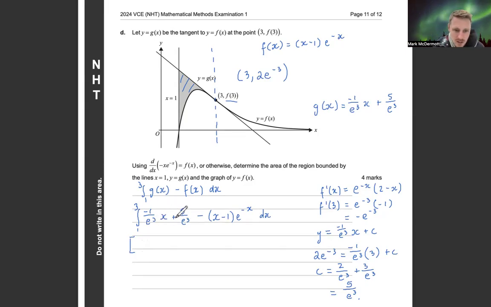Okay, this x becomes x squared on 2. So it's going to be negative x squared on 2e cubed, plus, and this term here is going to get its own x. It's going to be 5 on e cubed x.